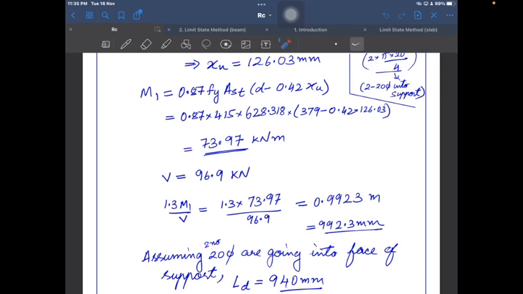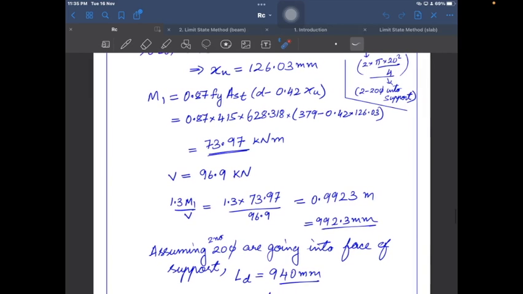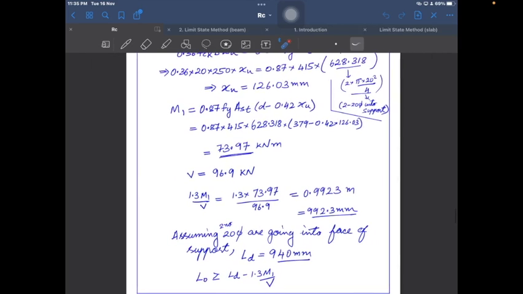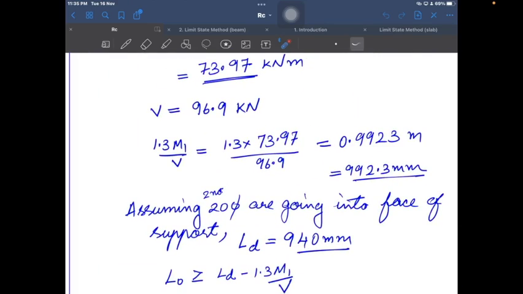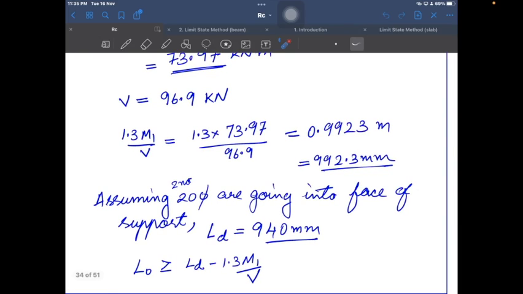You remember, right? For shear reinforcement we have a table. So 96.9. Then we have got 1.3 M1 by V in meters, converting it to millimeters.